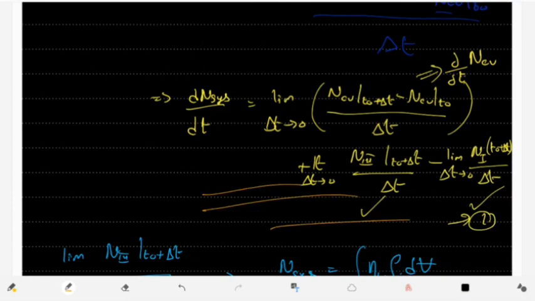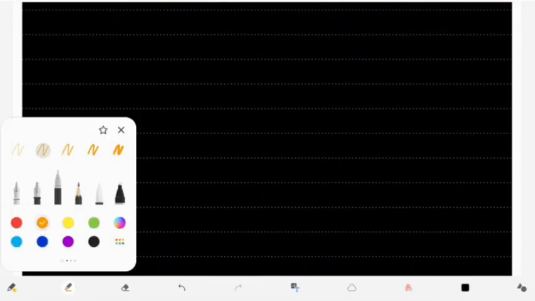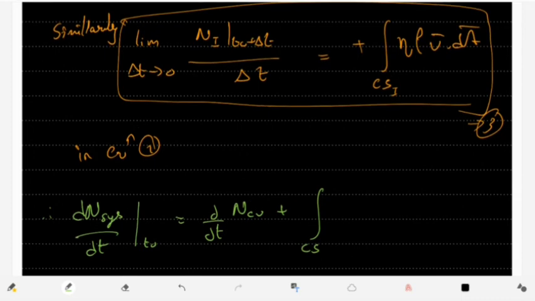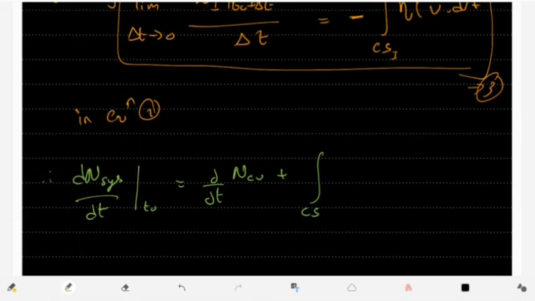As we know this term as dou by dou t of N CV. Now we got all the terms, and now let's substitute in equation 1. Then we will get dN system by dt at t naught equals dou by dou t of N CV plus integral of control surface, sorry, here we will get the term minus, after solving.